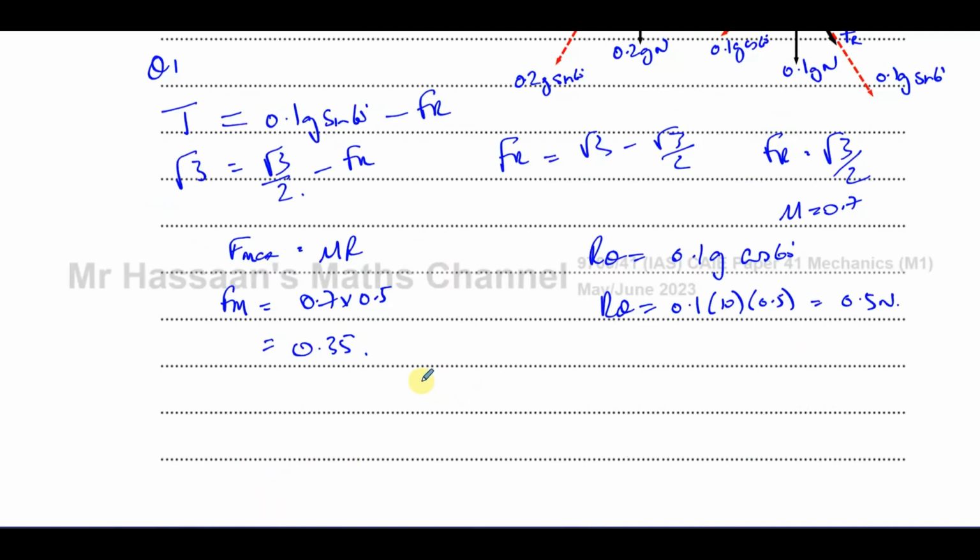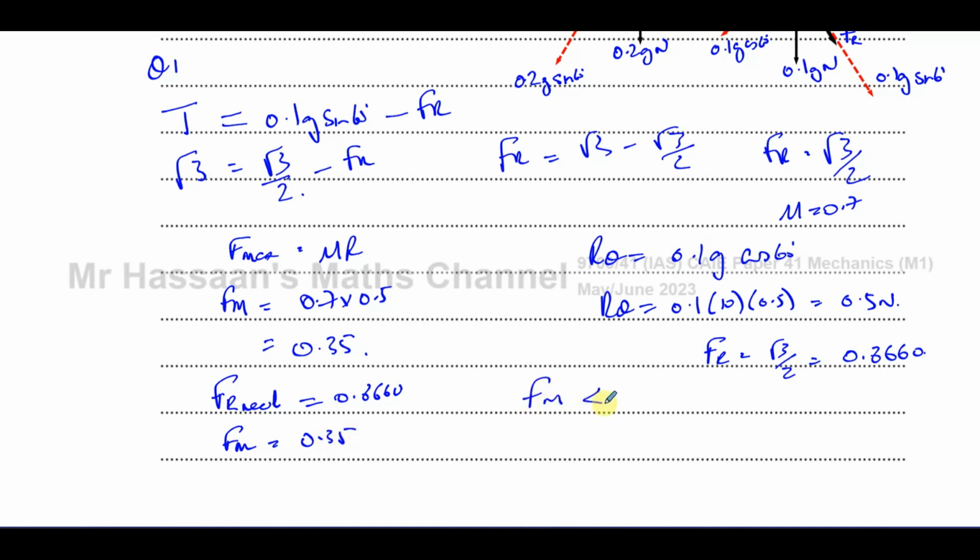Therefore we can say that the required friction is root 3 over 2, which is 0.8660. So the friction needed is 0.8660. F max is 0.35.